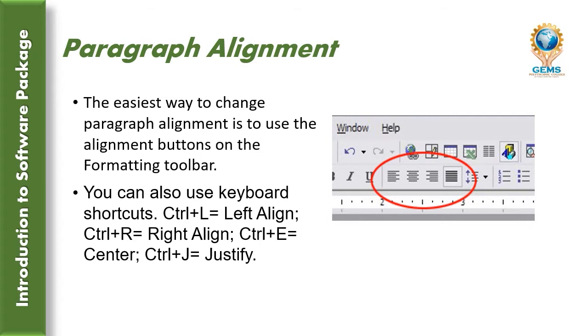We can also use keyboard shortcuts: Control plus L for left align, Control plus R for right align, Control plus E for center, Control plus J for justify. In the last class we have seen this alignment: how to do left align, right align, center align, and justify align.